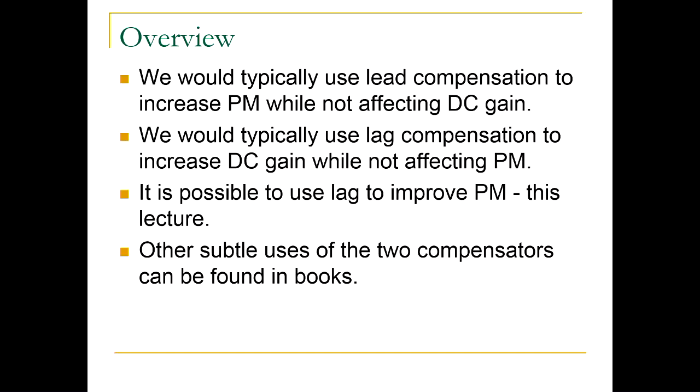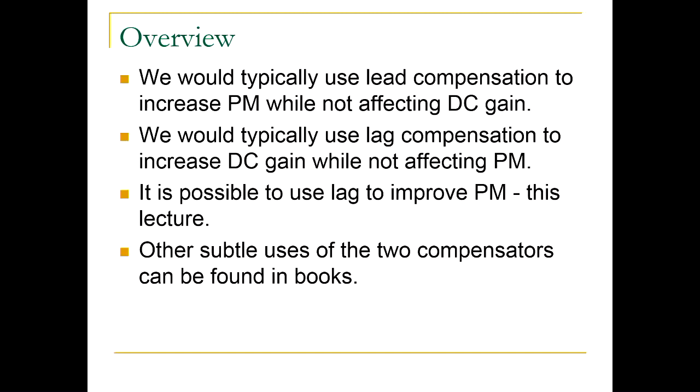That was the main design idea that we saw in the last lecture, and we would like to do that without affecting too much DC gain. Why is DC gain important? Because of the steady state errors. So we don't want to screw up steady state errors, but we want to improve the phase margin. We saw that phase margin is related to overshoots, for instance, right?